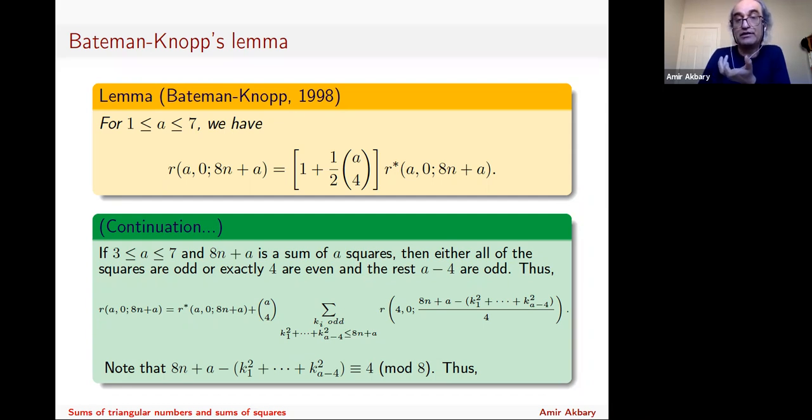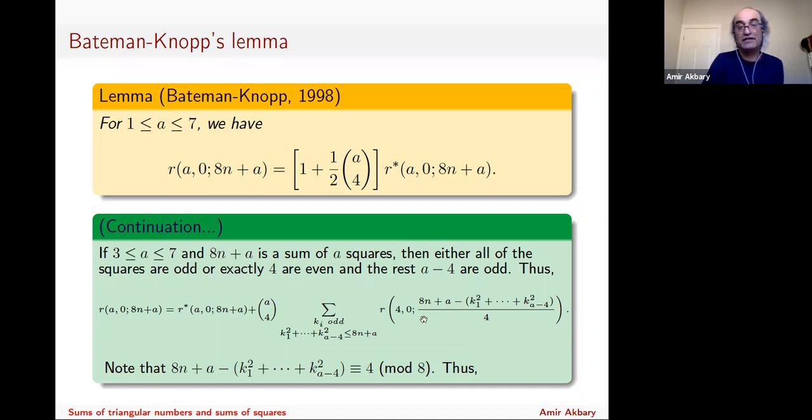The number of ways that we can write, in this case, 8n plus a minus these things, and all the components that I have are going to be even. So I'm going to divide by 4, and this sum is going to be equal to that.